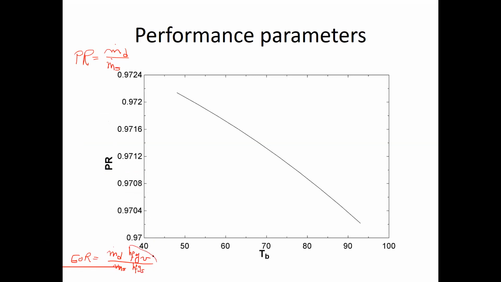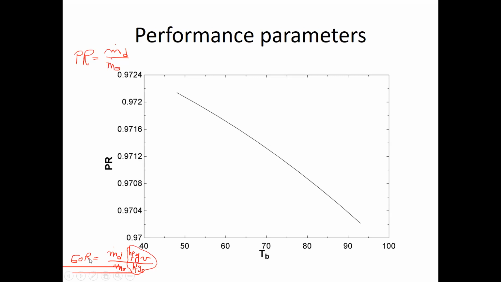This is some sort of a fixed ratio. The HFG is a weak function of temperature, it does not change much with temperature. So the GOR is the performance ratio multiplied by a ratio of the HFG of the vapor over the HFG of steam. This is just for you to recognize the relation between them.